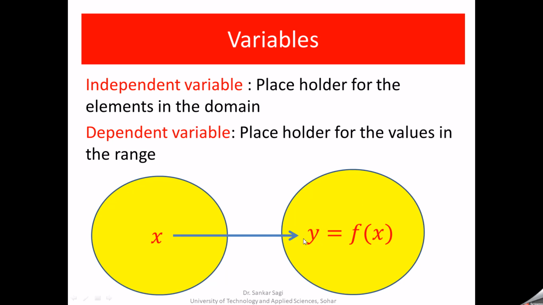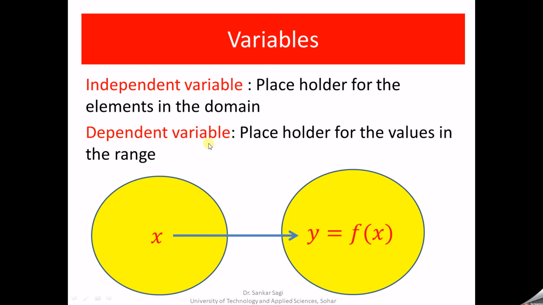Here we take y. So y is the single variable that represents all the values of the range, or the images. Range is nothing but the set of all images, and all these images are represented by one single variable y, and we call it the dependent variable.